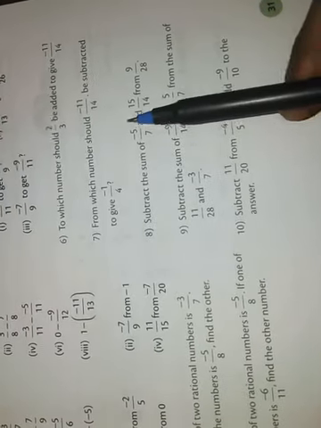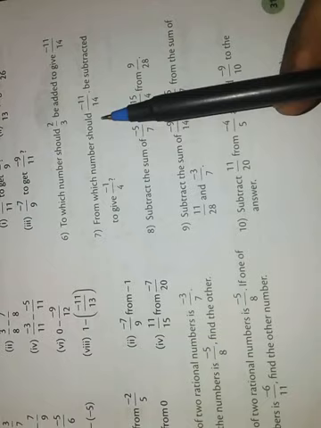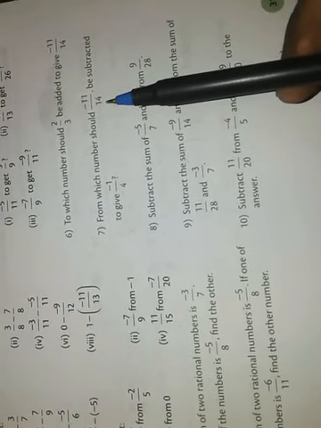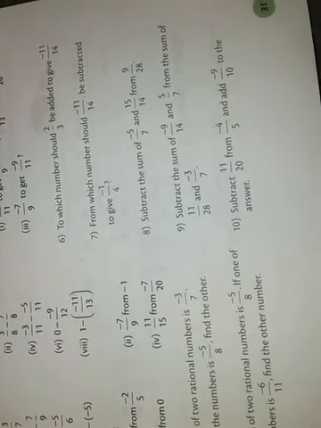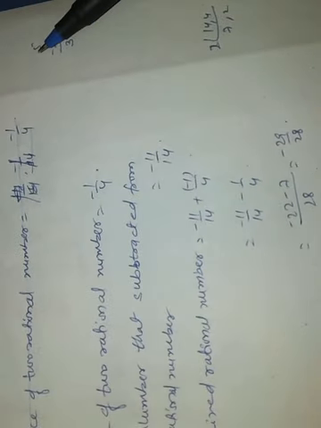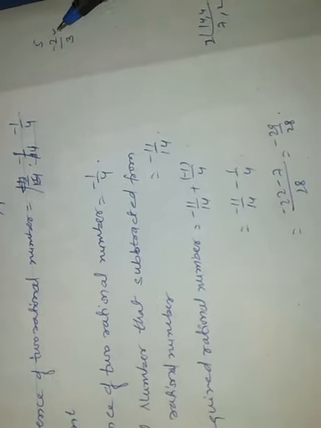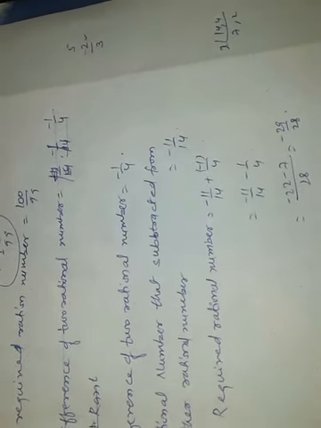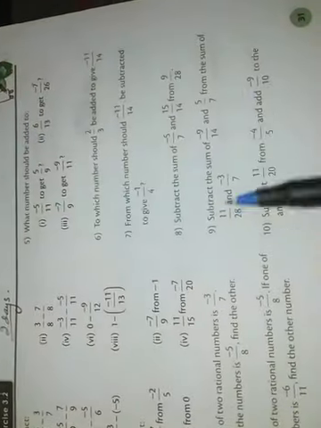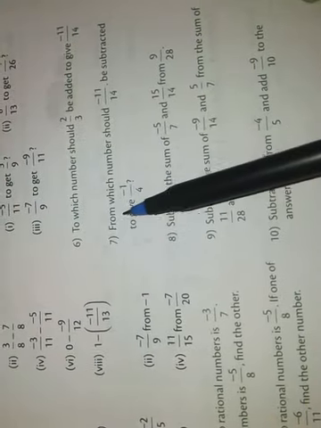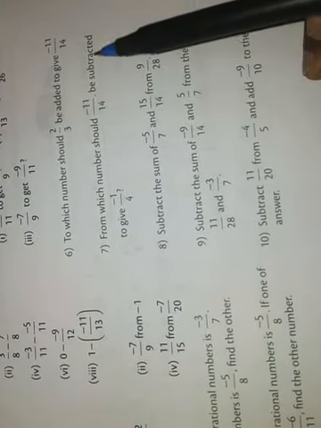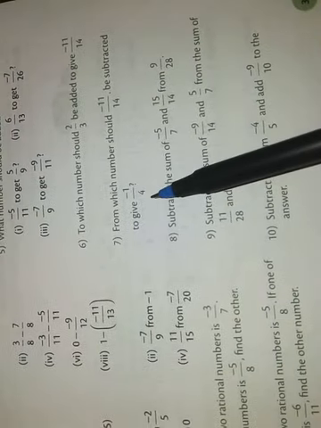So what is minus 11 by 14? It is the number which is subtracted from some other number. You can see the example I give here. Suppose I subtract 2 from 5 to get 3. When we take this example as a question, we put it as: from which number should 2 be subtracted to give 3?